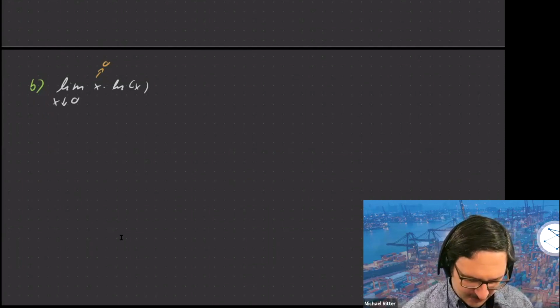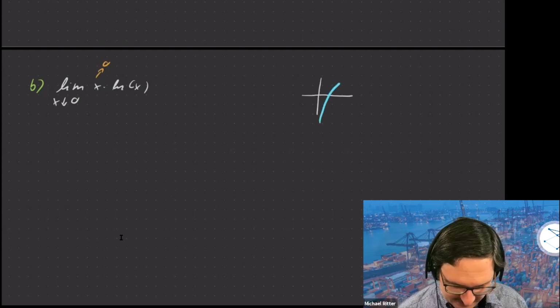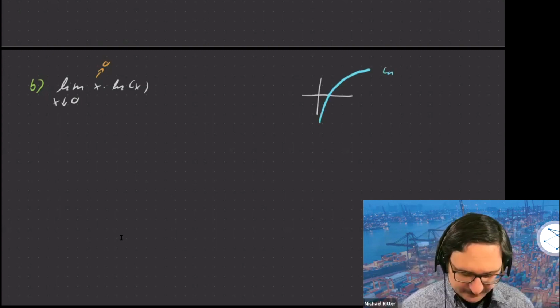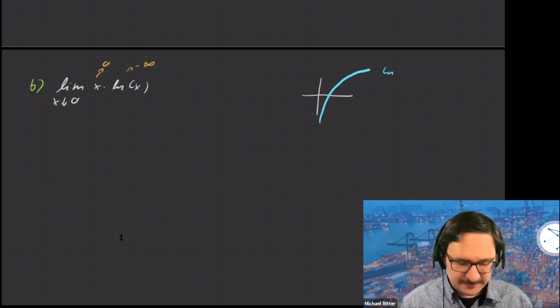You hopefully remember how the ln looks. Basically, the ln function is something like this here, right? So as x tends to 0, the ln tends to minus infinity. So this here tends to minus infinity.